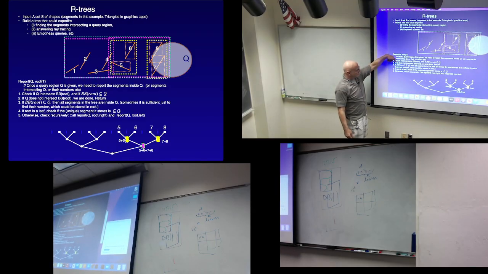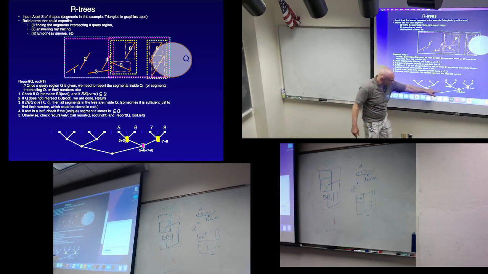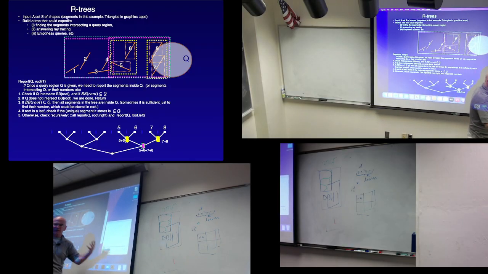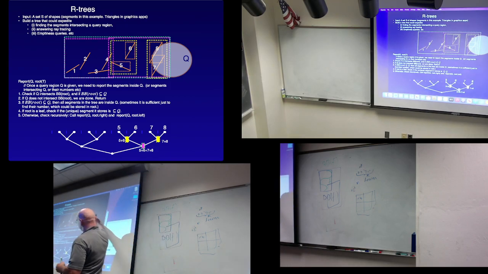Going back one step that I did not mention, if the bounding box of the root is fully inside the query region, then if I want to report the segments inside the query region, I need to go to each one individually. If I just want to count them, and I store for each node how many segments it corresponds to, then I can just add this counter to my overall counting.